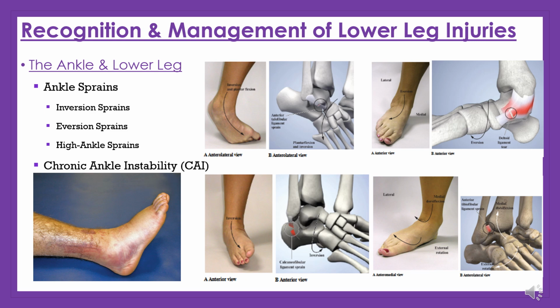When we have somebody who rolls their ankles over and over again, we end up with something called CAI, or chronic ankle instability. Chronic ankle instability is a chronic issue that results from the weakening of the musculature and the ligaments around that ankle joint.